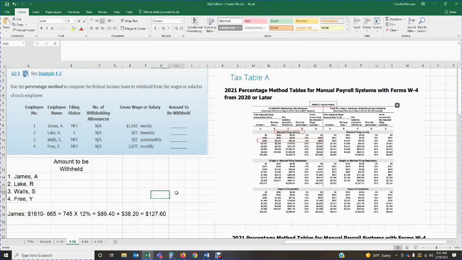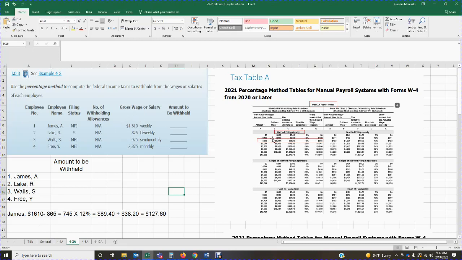Okay, so let's run through this again. What do we do first, Dr. Mercado? First you pick up the amount of the wages, 1610. That is given to you in the problem. Second, you go to the table and locate the line item that you're going to be working with based on the tier of the wages.